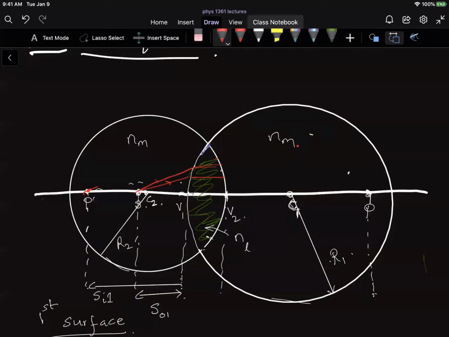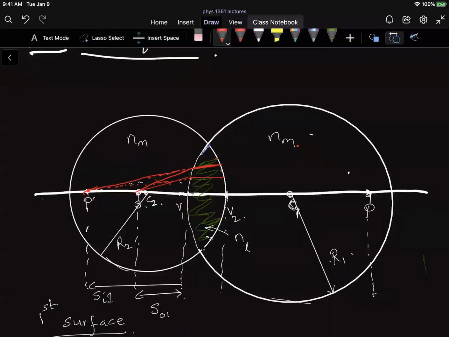Okay, so when they hit the second surface over here, these rays, because of their refraction, appear to be coming from a point over here, which I'm drawing with these dashed lines. So this is what we would call a virtual object, that is, this is an image which is not actually being formed, but this is an image that is serving as the object for the second surface.